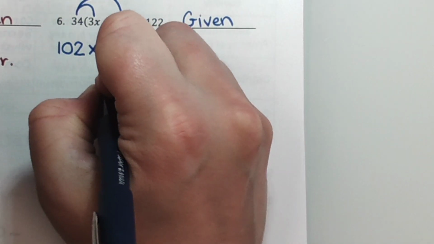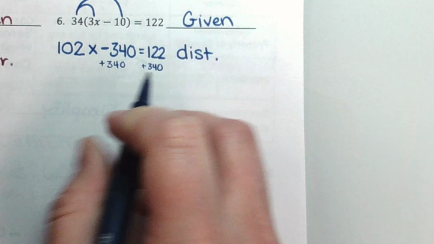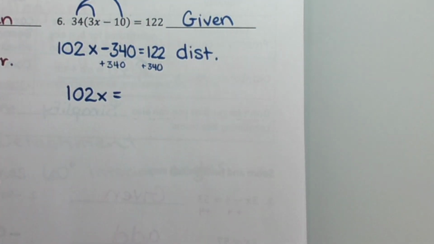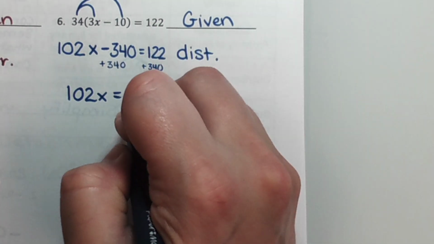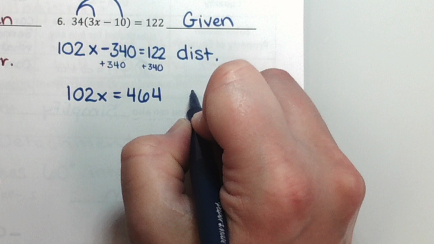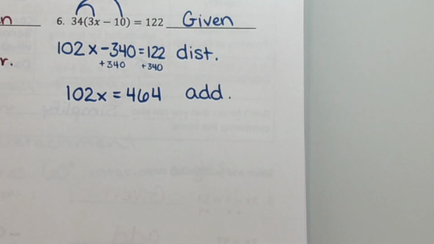Add the 340. 102x is equal to 462. We got there by adding. It's 462.